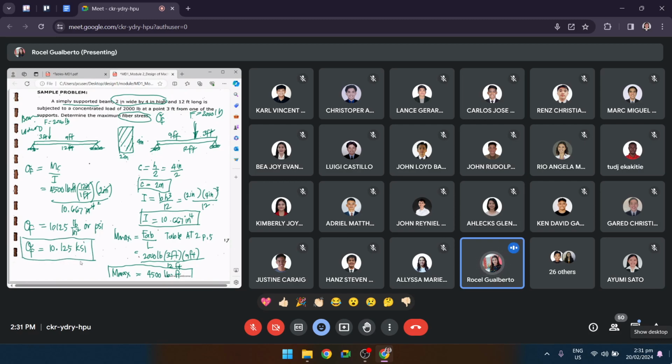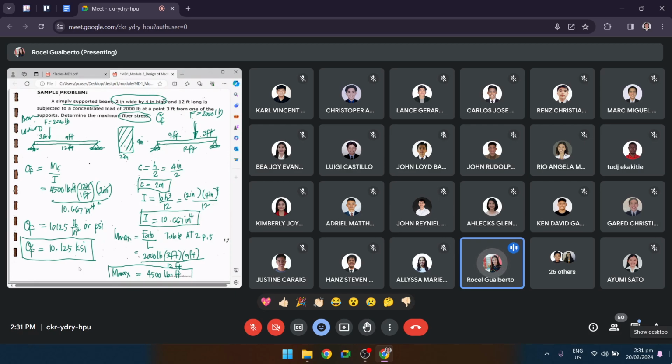Again, what is this? This is your flexural stress. This is the flexural stress. This is your induced stress. Okay, question? Tomorrow we'll have our meeting, right?